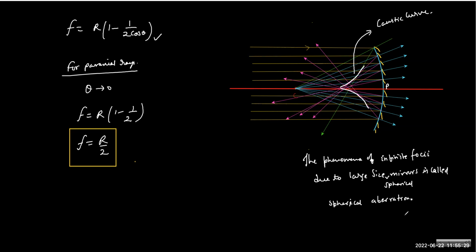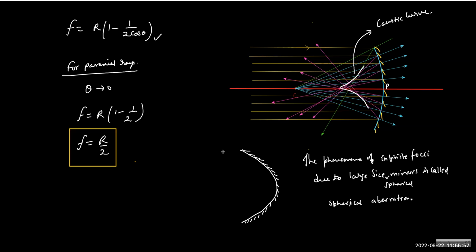So if you really want to get the parallel beam focused at a point, which mirror should we use? Not a small size mirror, we should use the parabolic mirrors. I have explained why. Only parabolic mirrors have the property that whatever the parallel beam, it will be focused at one point. Why?